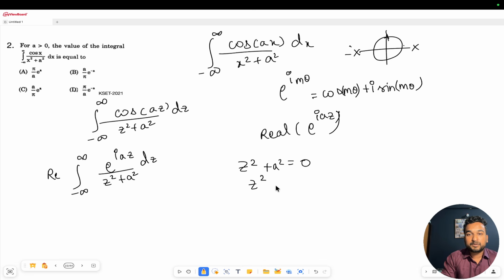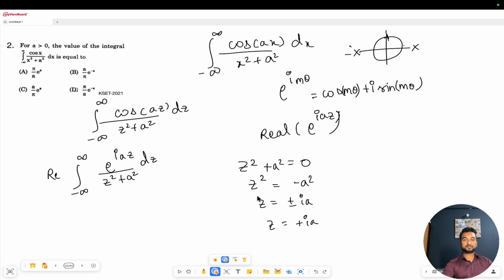So z square will be equal to minus a square, that is z equals plus or minus ia. But minus ia is in the lower Argand plane, that means the negative y axis. So you have to take only z equals plus ia as your pole. Then the residue, then you can solve further.